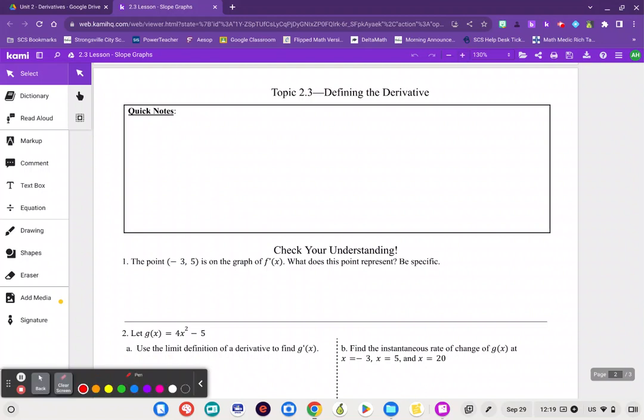So we actually talked last week about this idea of if you're given f of x, which is the original function, then f prime of x, again, that's read as f prime of x. That little apostrophe there.